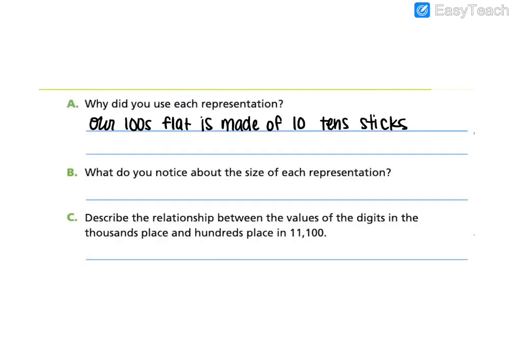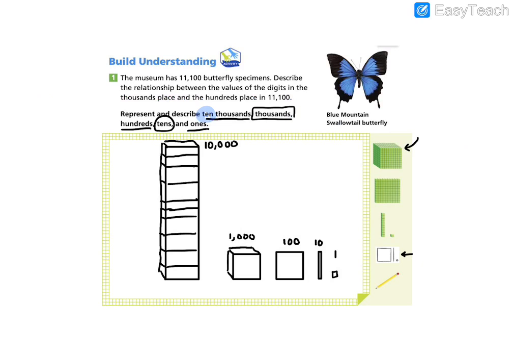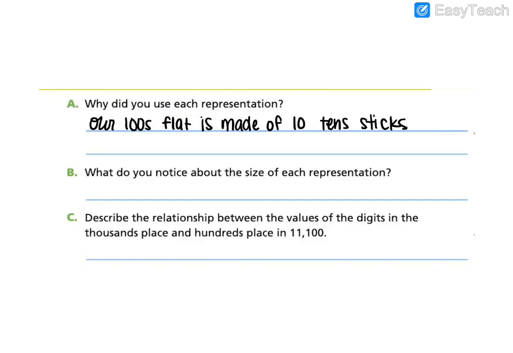What's happening each time? Well, each representation is getting greater, and it's getting greater by what same amount, right? We had 1, then 10, then 100, then 1,000. It's increasing 10 times as we move up. So each representation is 10 times the size of the previous one.